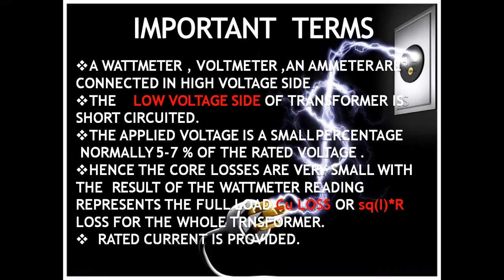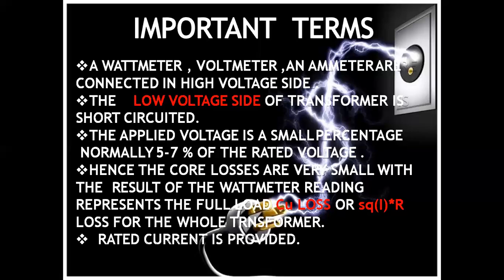So rated current will be provided in order to perform the short circuit test, and here the value of the applied voltage is very small, 5 to 7% of the rated voltage. And we all know that the iron loss is proportional to the square of the applied voltage, and the applied voltage is 5 to 7% of the rated voltage.